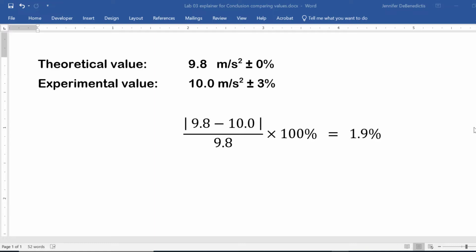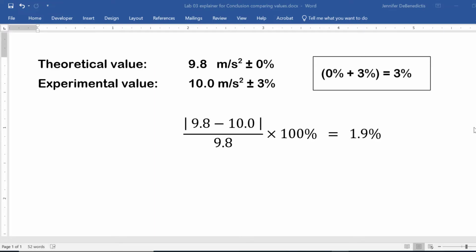The way in which you determine that is first you find the sum of your uncertainties. So 0% for the theoretical value plus 3% for the experimental value gives you a total uncertainty of 3%. Now that's the maximum amount of deviation between our values that we're expecting to get based on the equipment we used. So whatever our values are, they're not supposed to differ from each other by more than 3%.